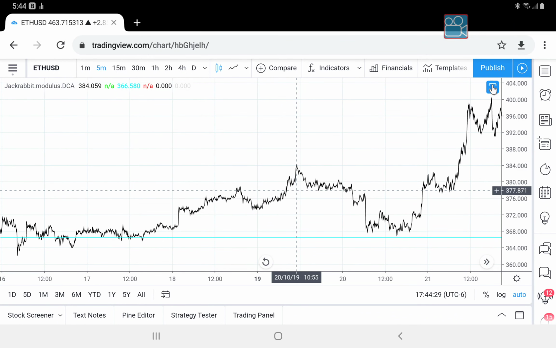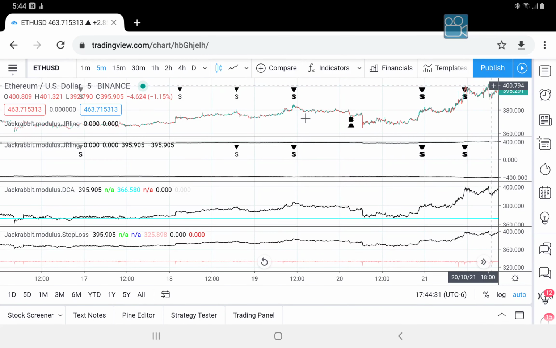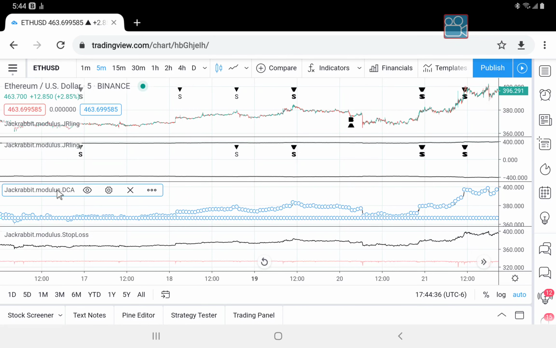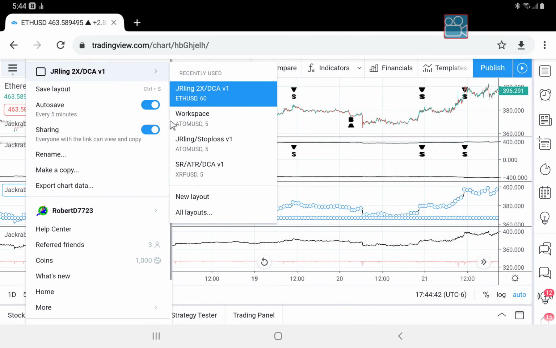So whether you choose to use a single, let's actually link this. Let's go back to my work chart.